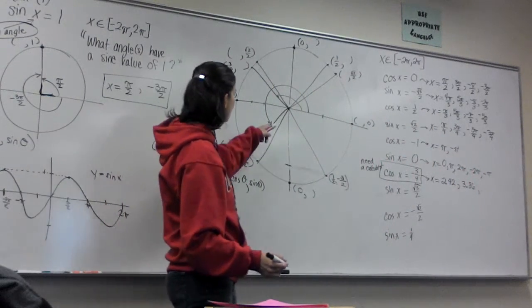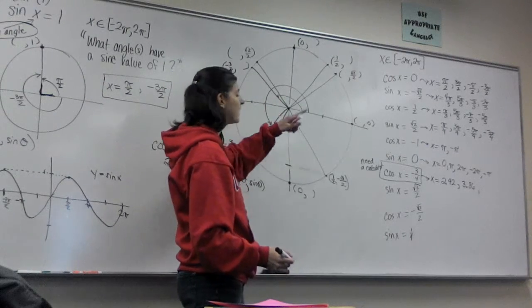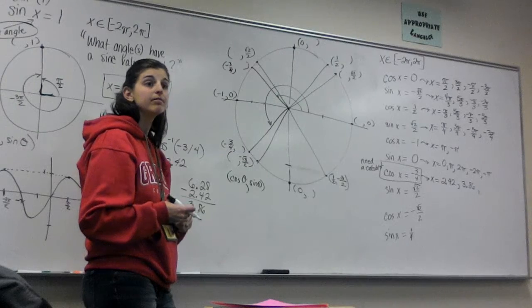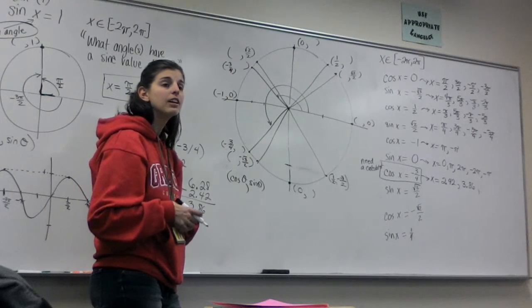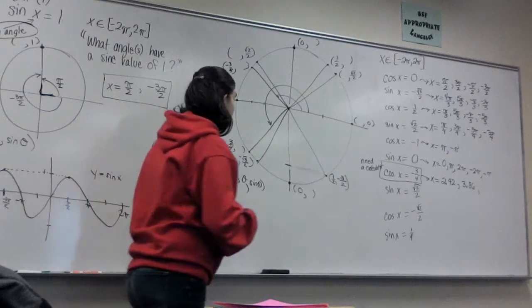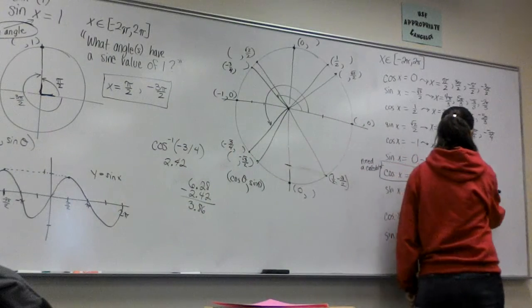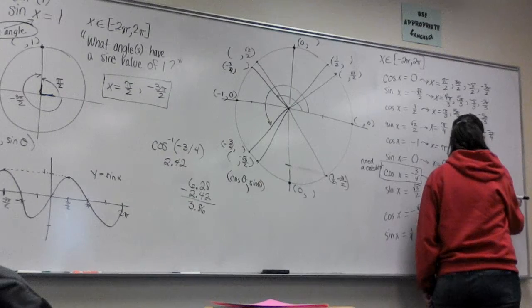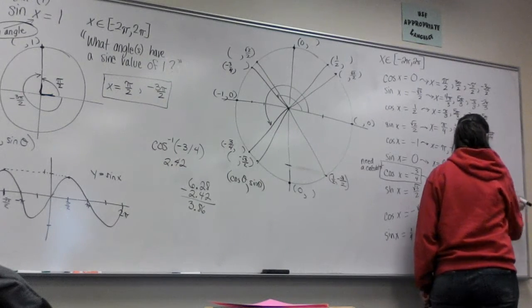How do I get to those same two lines going in the negative direction? Wouldn't one of them be negative 2.42? Yes, it would be negative 2.42 and negative 3.86. Very good.